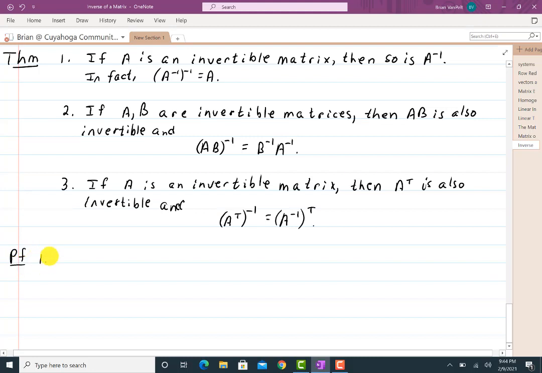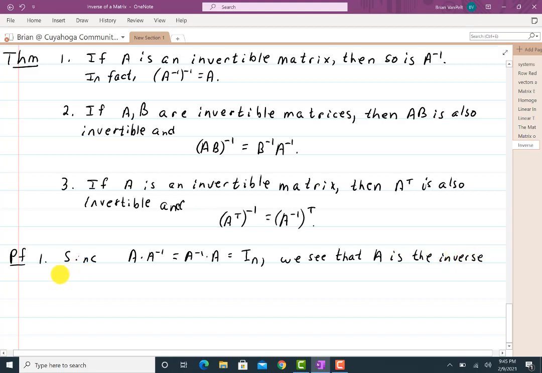Let's start with 1. Since A times A inverse is the same as A inverse times A, and that's the identity matrix, we see that A is the inverse of A inverse.